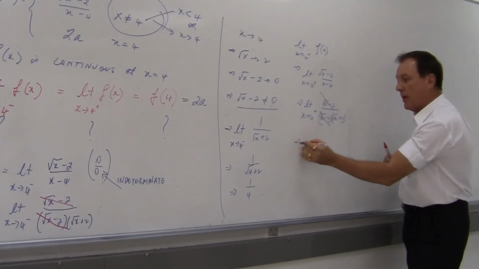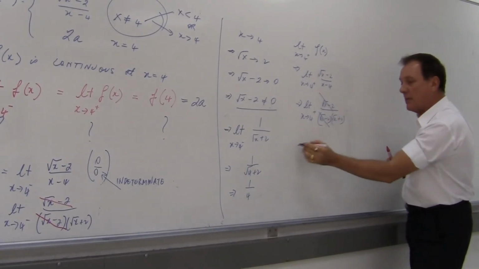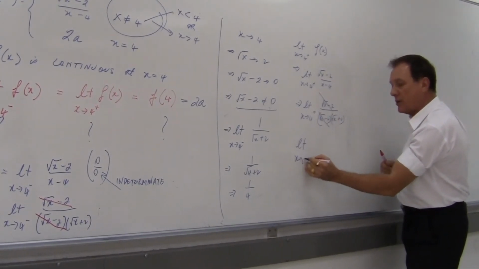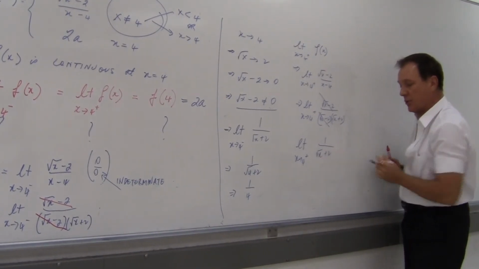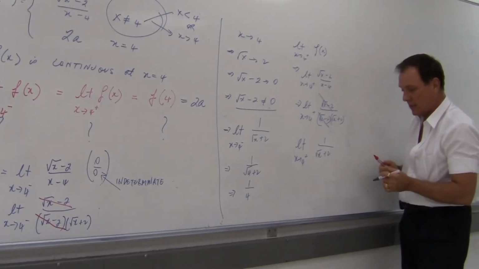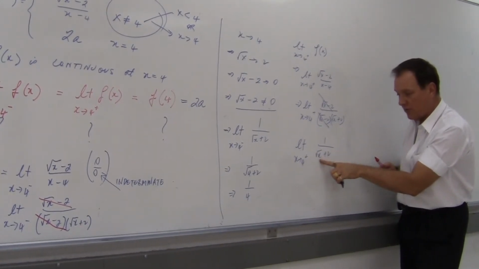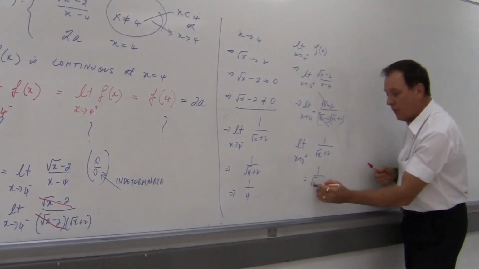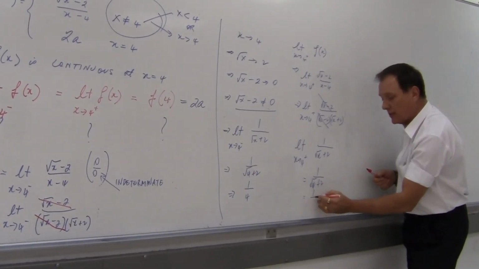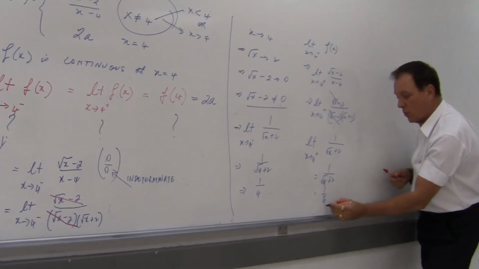And so when I evaluate the limit, as x approaches 4 from above, 1 over root x plus 2. Now, you can see yourself, as x approaches 4 here, this is approaching the square root of 4, which is 2, so it's going to equal 1 over root 4 plus 2, which is 2 plus 2 is 4, so 1 over 4.